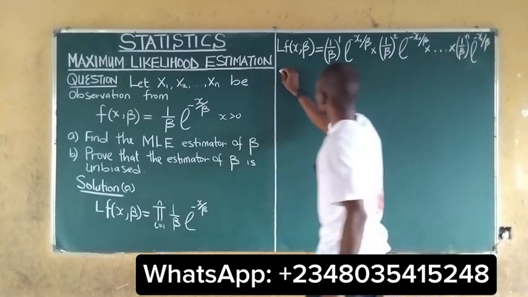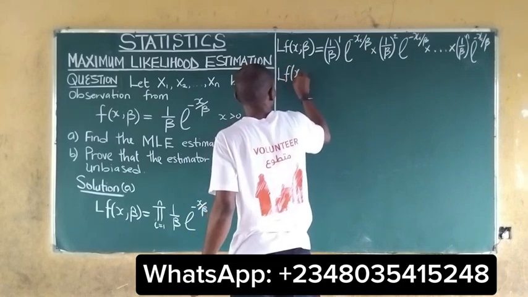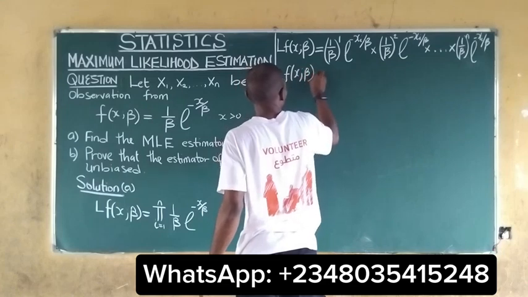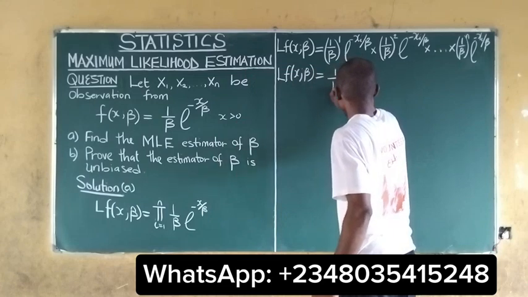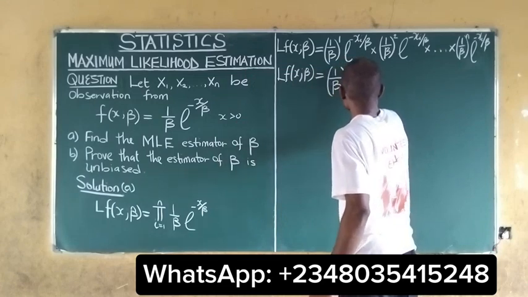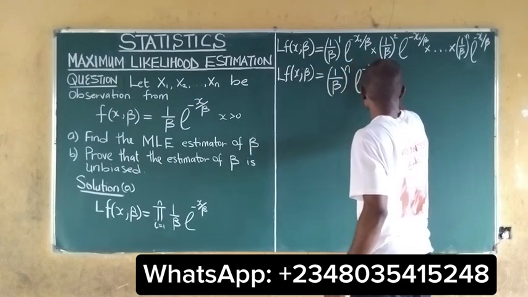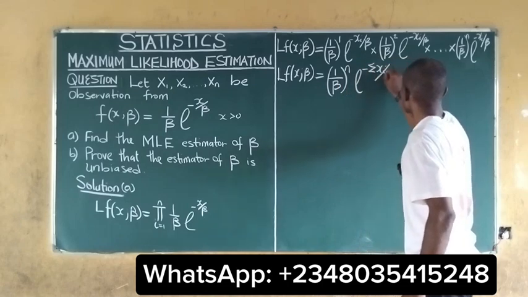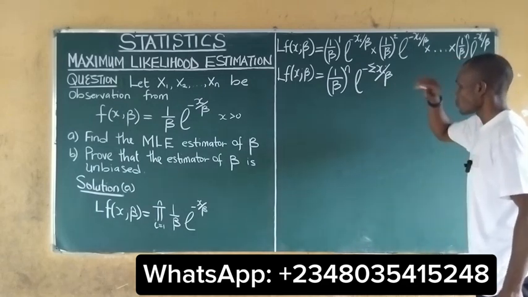If we write it out, we'll get our likelihood function to be 1 all over beta raised to the power of n, exponential negative summation xi all over beta. So this is what we'll get.